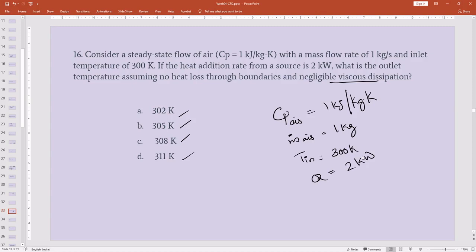So equate these things. And what will be the sign of this Q? It's heat addition at the rate of 2 kilowatt. Is it a positive sign or negative sign? We take heat and work as directional quantities, so what will be the sign of this heat transfer?